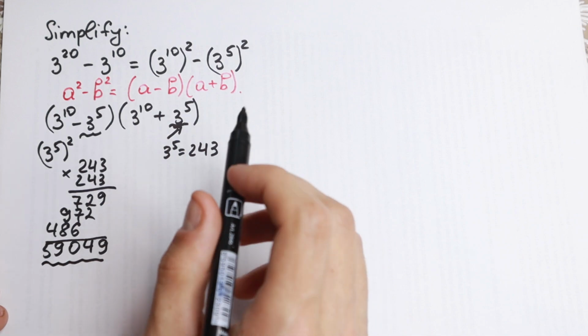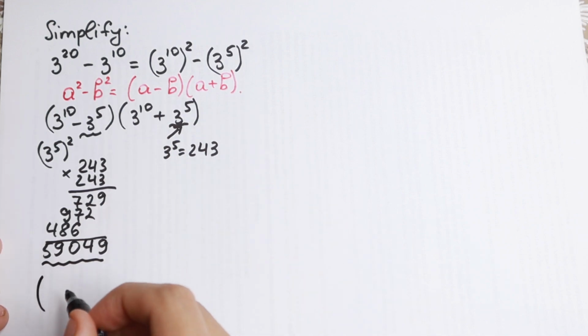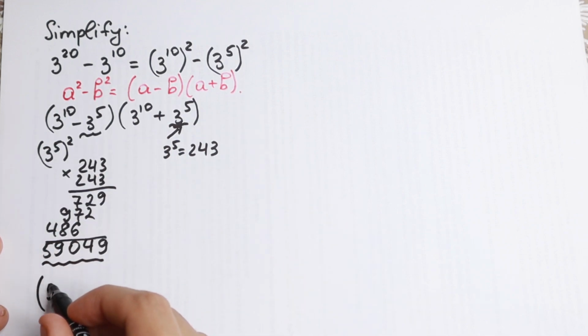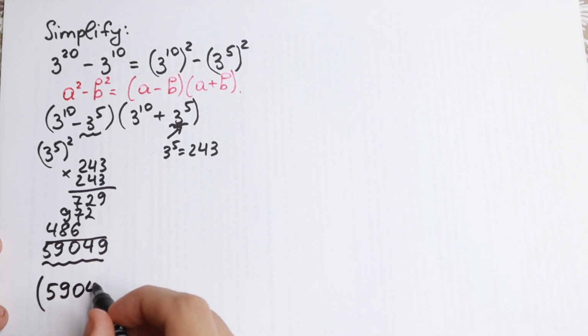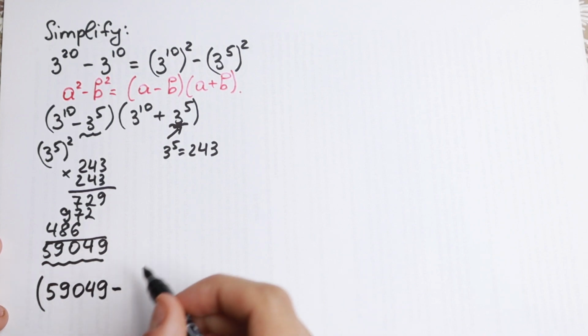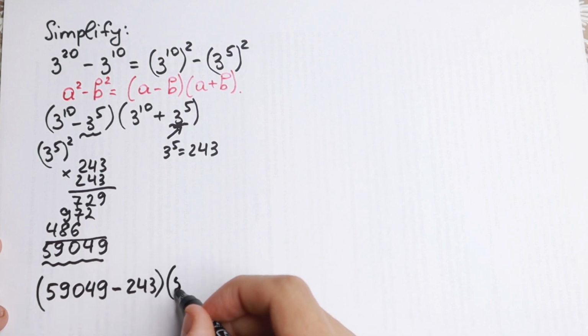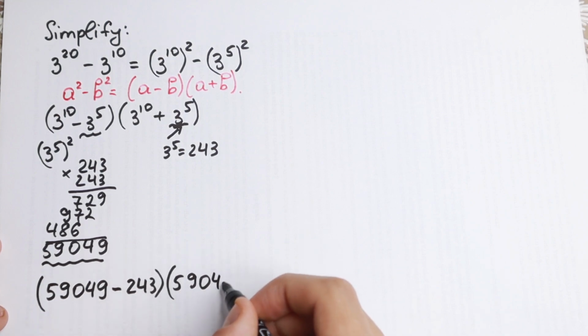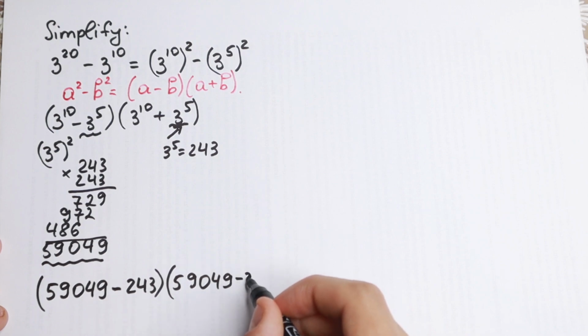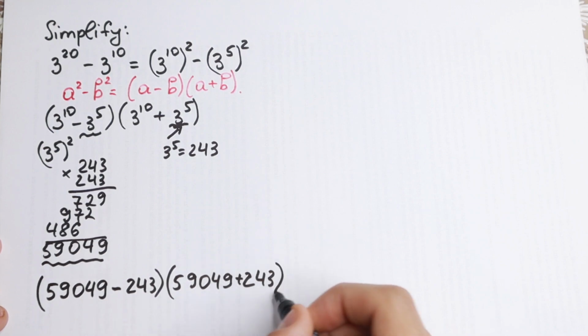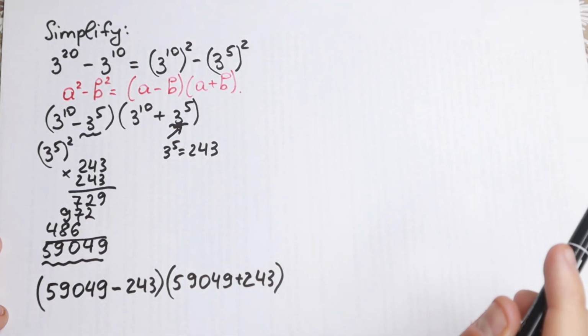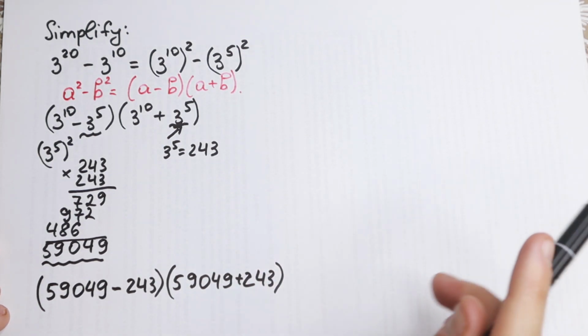So what will we have as a result? As a result, we need to subtract 59049 minus 243, and we need to multiply by the sum 59049 plus 243. So this will be our result, but we need to find our answer, we need to multiply it.